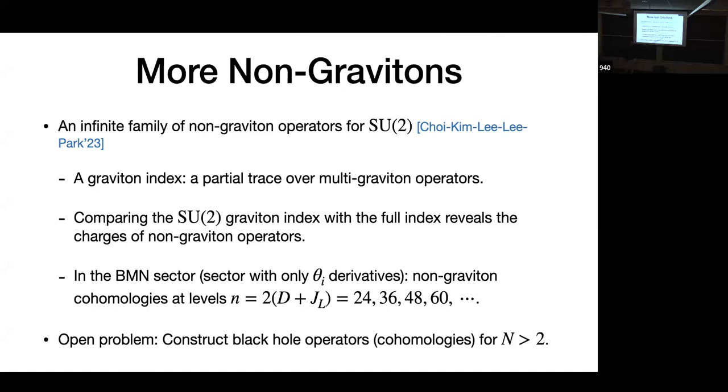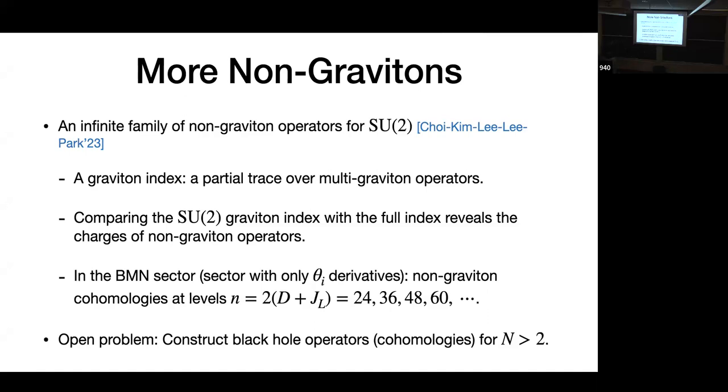The first one was the one that we've seen, and the next one is at level 36 and also some higher levels. One open problem is that so far we do not know any non-graviton cohomology classes for n greater than 2. So can one repeat the calculation for the graviton index when n is greater than 2?